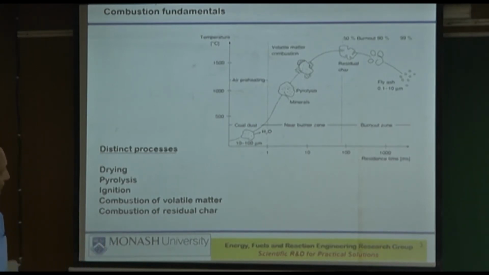So you want the design of the boiler such that as soon as fly ash is generated and the majority of the carbon is gone, the fly ash drops its temperature quite quickly.